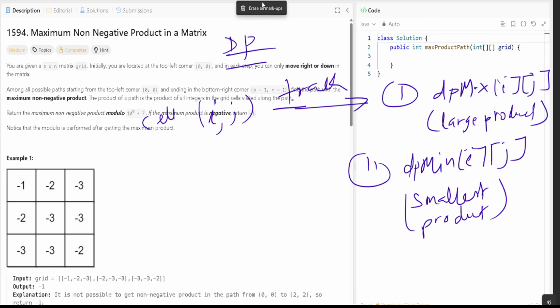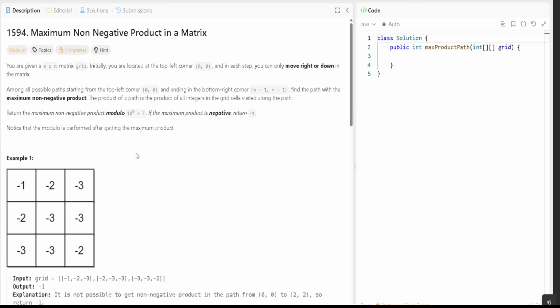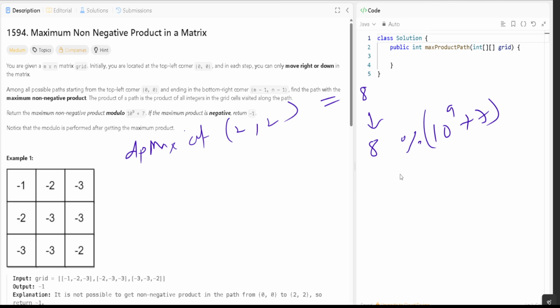If I say the dp max at cell (2, 2), we are getting 8, right? So we need 8 mod 10 to the power 9 plus 7, correct? Once this is done, you will get the answer 8, so you will return this answer.